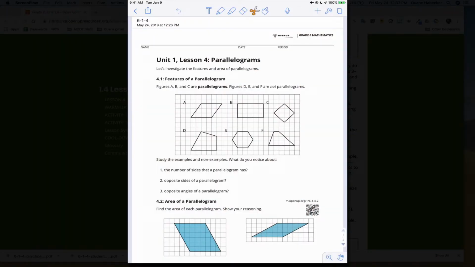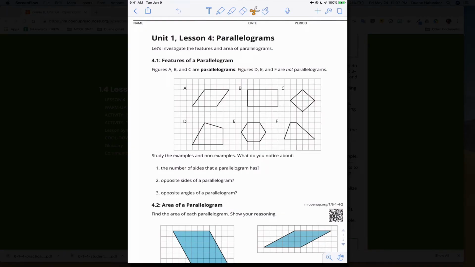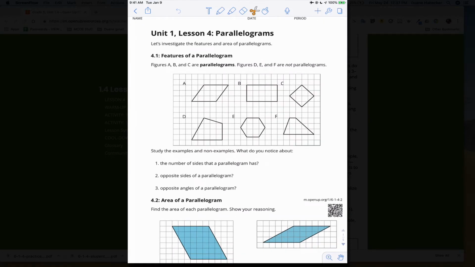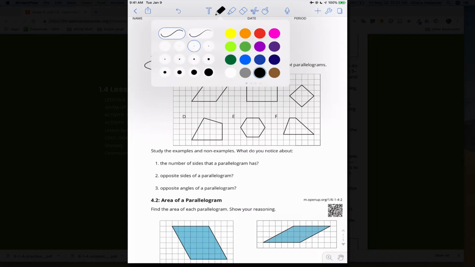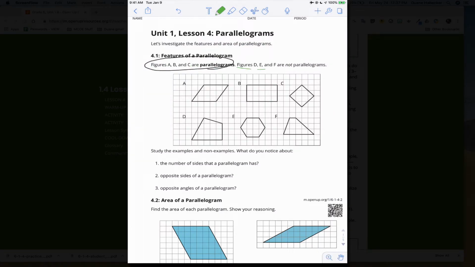So let's get started. We're going to begin with a warm-up where students are just supposed to ask, what is a parallelogram? And then we're supposed to refresh our memory. It says figures A, B, and C are parallelograms, and figures D, E, and F are not parallelograms.